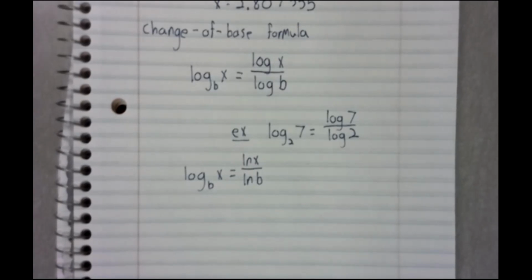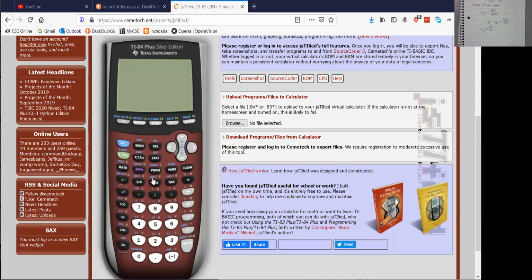So let me go back to this calculator, and let's first compute the logarithm base 2 of 7. And then let's compute the natural log of 7 divided by the natural log of 2.